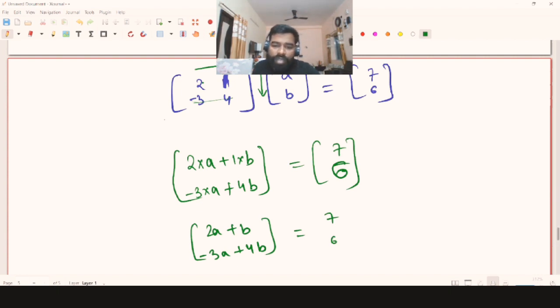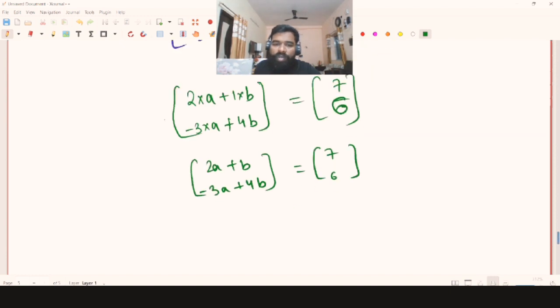So you have two equations now from these matrices, that is 2a plus b equal to 7, and minus 3a plus 4b equal to 6. We can solve this by the elimination method. You multiply something to make the b coefficient the same. Here it is 4, but here nothing is there, so you multiply by 4 and keep the other the same.